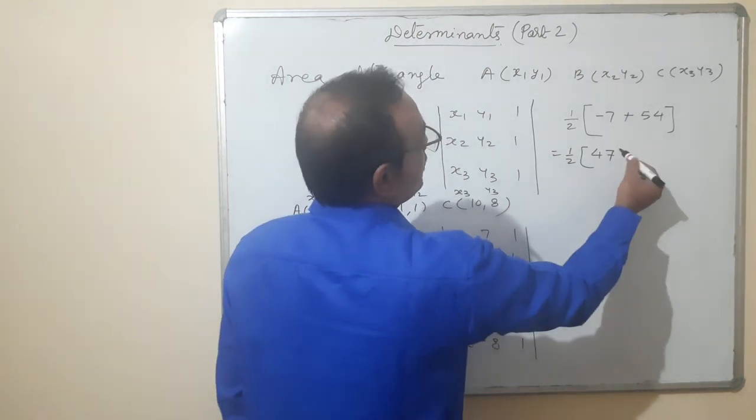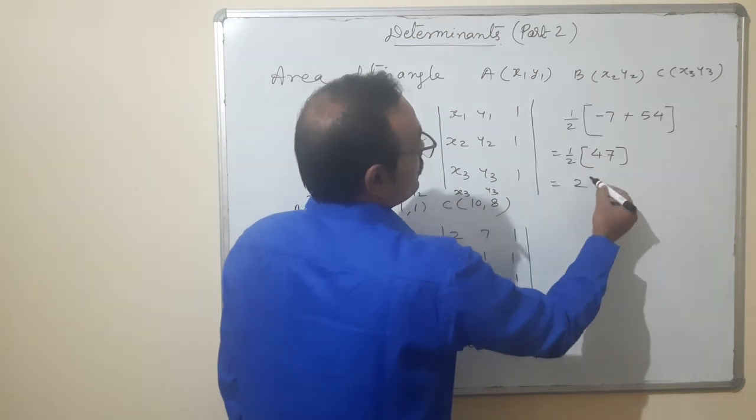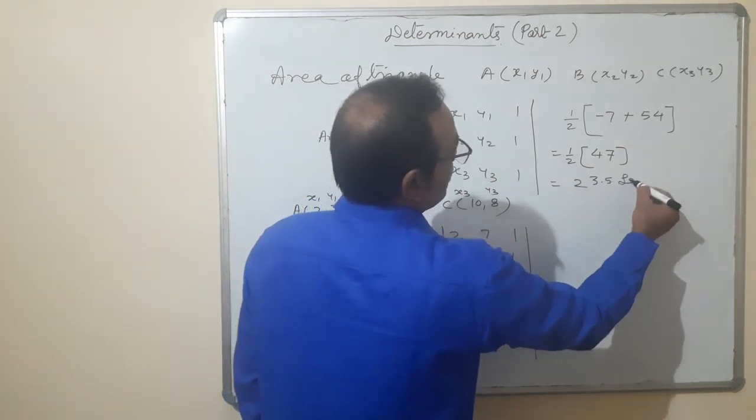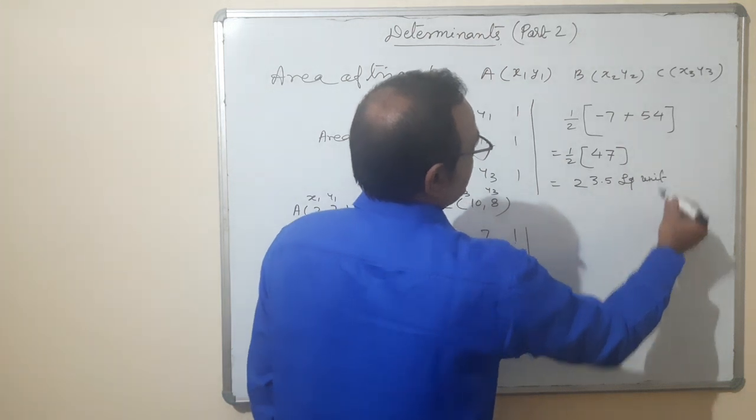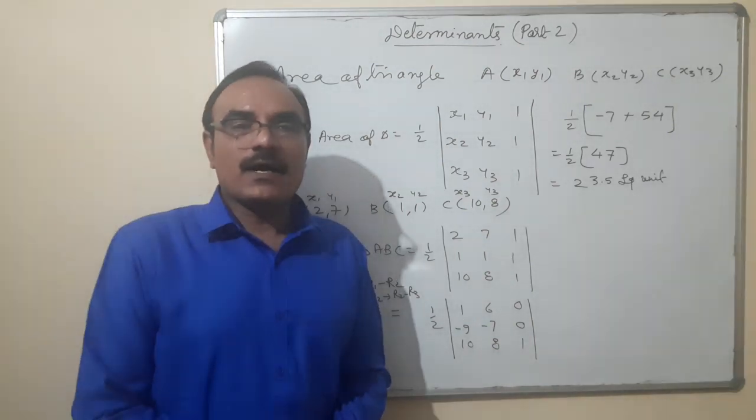So the result is 47 upon 2, that is 23.5 square units. Okay. So this is the way by which we can find the area of a triangle.